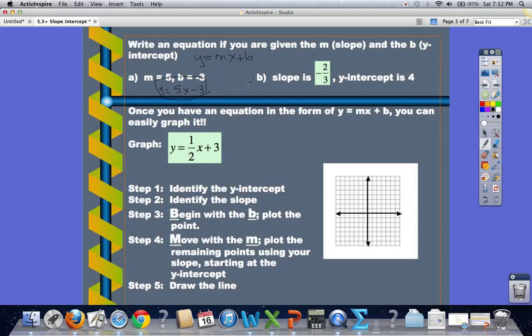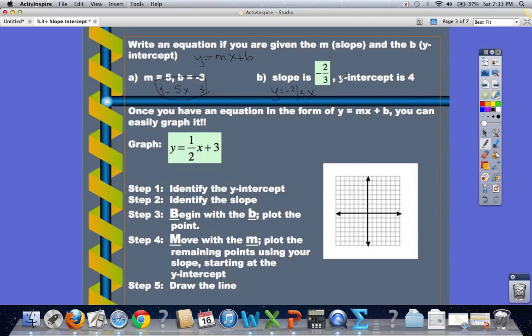All right, how about this one over here? The slope is -2/3. The y-intercept is 4. Remember, slope is the same thing as m. This one is y is equal to -2. Whoops, that's not a 2. Let's try that again. -2 divided by 3 x, always in your problem.